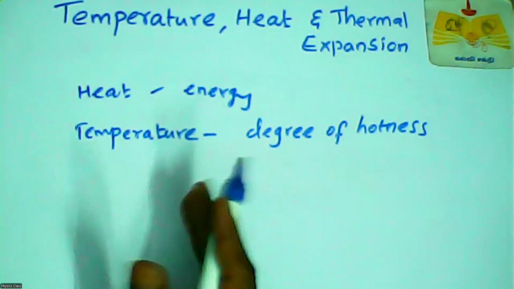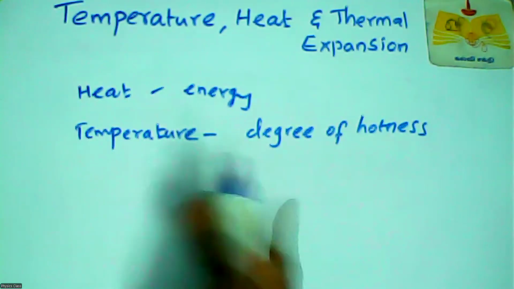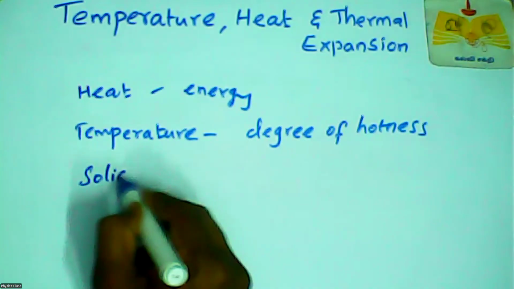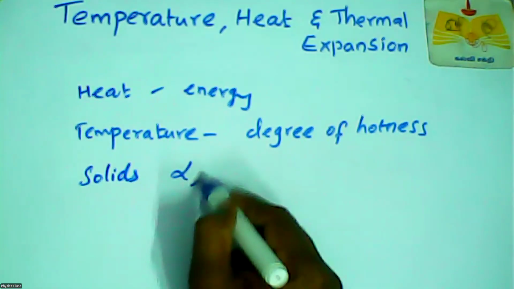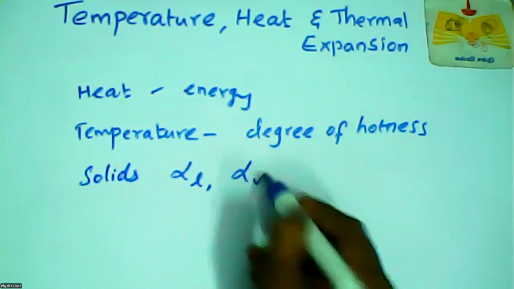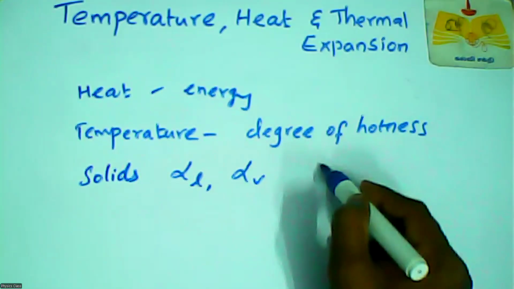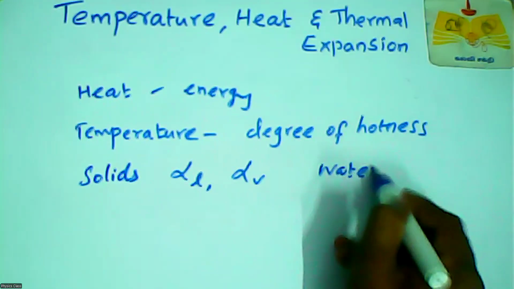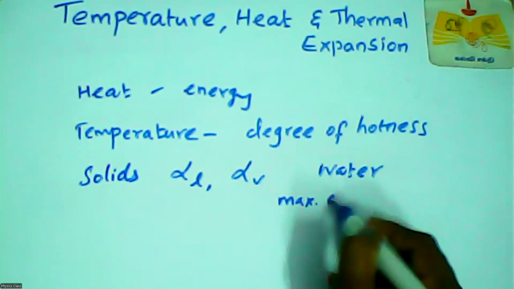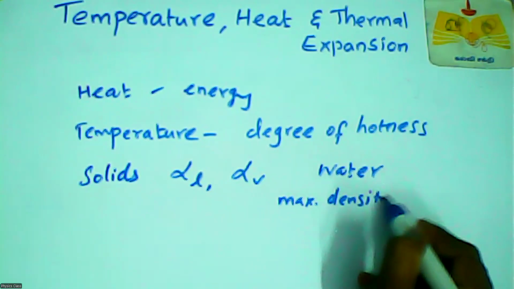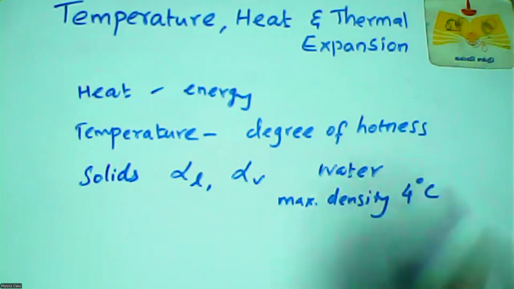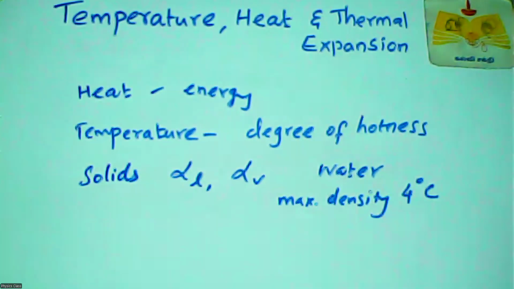Solids expand in length and volume, that is alpha L and alpha V. Water has maximum density at 4 degrees Celsius. Okay, right? Now homework. I will share the screen again.